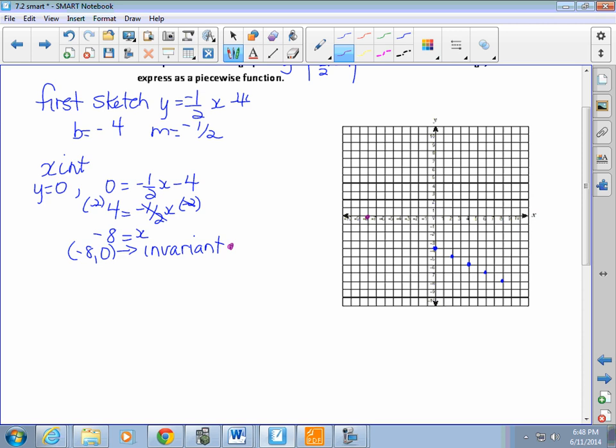So once we have that invariant point, then we reflect the part of y is equal to negative 1/2 x minus 4 that is below the x-axis. So whatever is below there, all of these points in between my purple and my blue dot, I have to also reflect those in the x-axis.